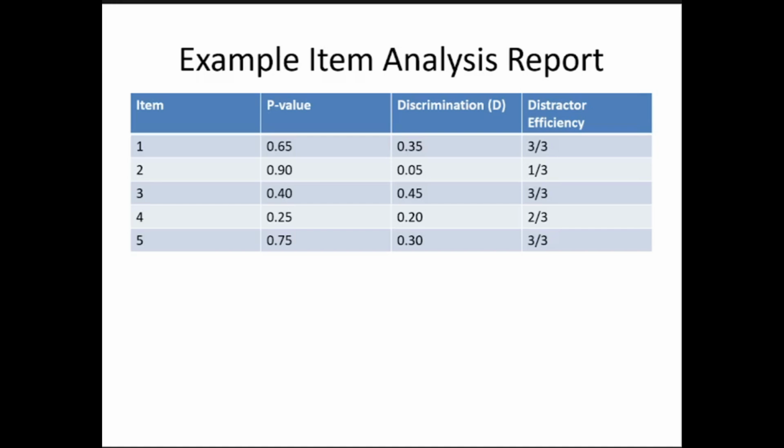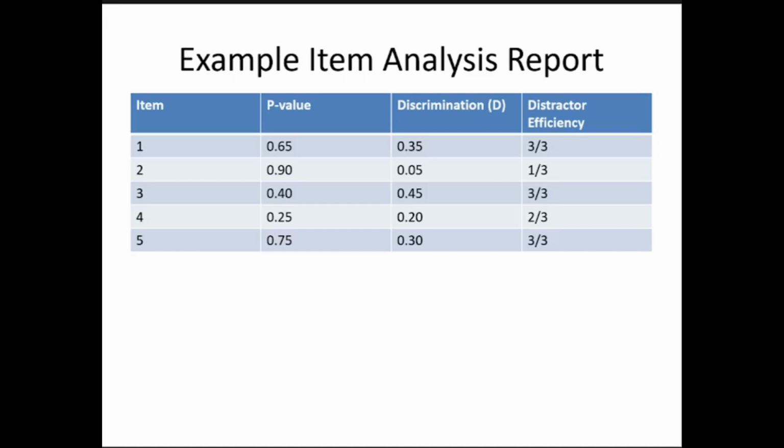Now if you look at item number 4, it has a p-value of 0.25. So it means only 25% of the exam candidates were able to answer this correctly. And a D value of 0.2 shows acceptable discrimination. So it's very difficult, but it has an acceptable discrimination.